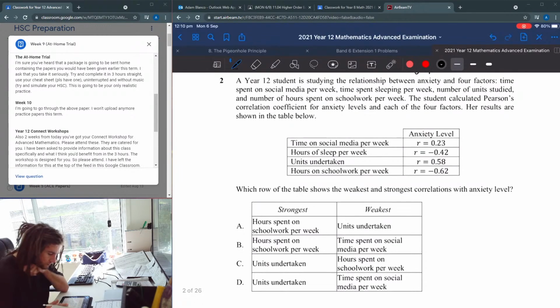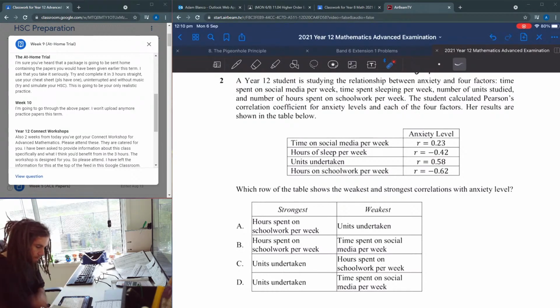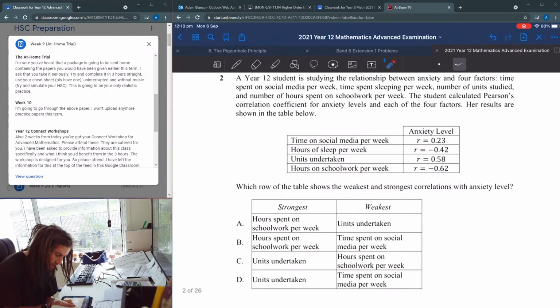Okay, there's a lot of words here, but it's basically just here's some information about your data. They calculated Pearson's correlation coefficient. So is there a correlation between anxiety and these 4 factors? And the results are here.